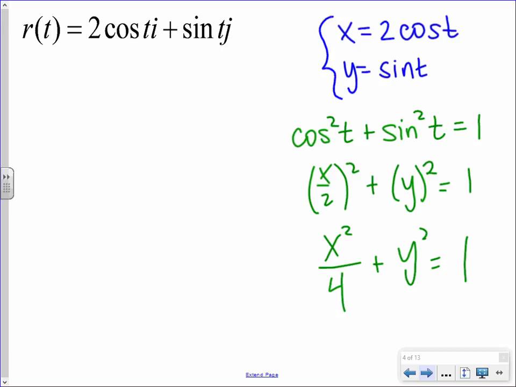Do you remember what that is? We talked about this last week. An ellipse at 0, 0, where we're going to go 2 out horizontally and 1 vertically.